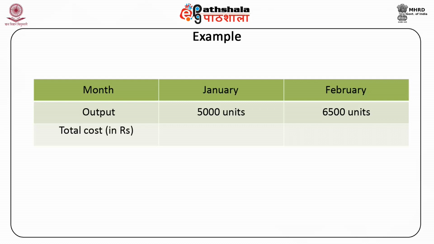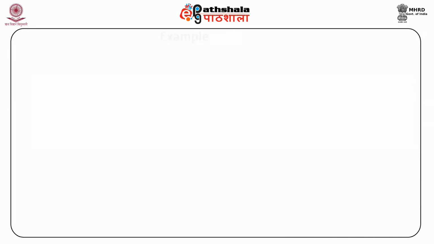The total cost is rupees 1,10,000 and rupees 1,25,000 respectively. We are required to find the fixed cost per month and variable cost per unit. Number of units is being increased by 1,500 and cost is being increased by rupees 15,000.